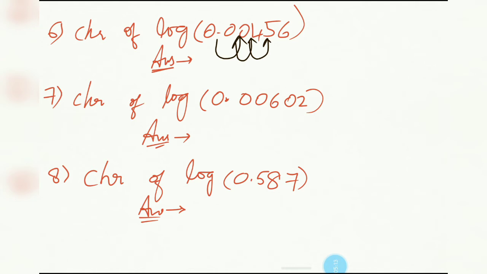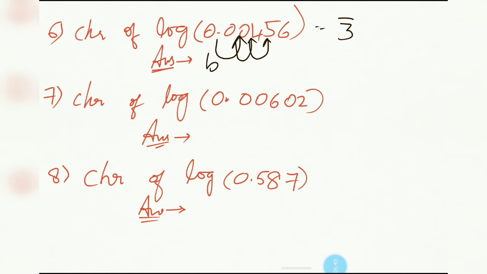Here it is 4, then only I stop, right? Now it is 4.56, the point will come here. Keep moving the decimal point. So how many times did I move it? 3 times, 3 jumps I did. So 3 bar we have to write. So what is the option? It is B.